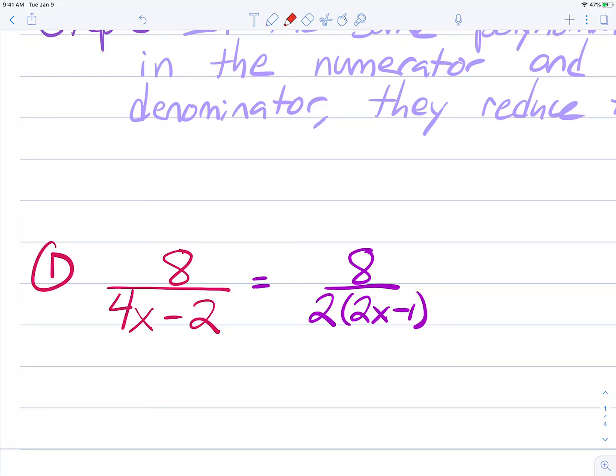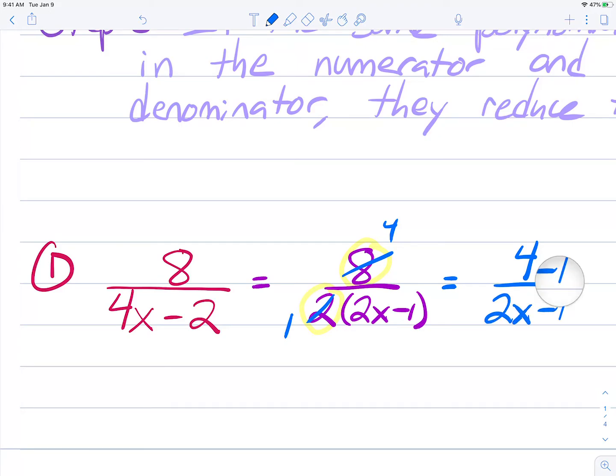So the only things that I can actually reduce are these monomials, because you can only reduce monomials with monomials, binomials with binomials, and trinomials with trinomials. So if I were to reduce those, 8 and 2 reduce to 4 and 1. So we have a 4 in the numerator, and there's a 1 in the denominator, but if I were to distribute it, I would still have that 2x minus 1.